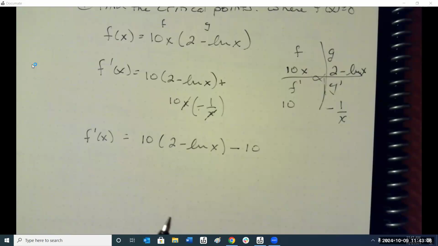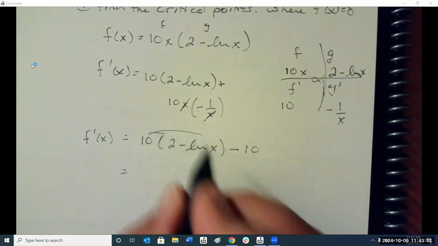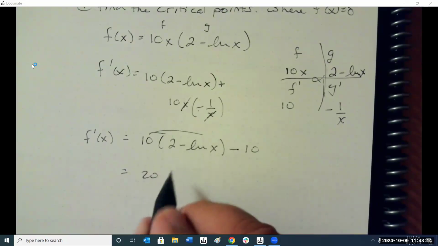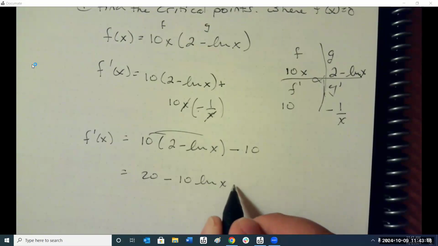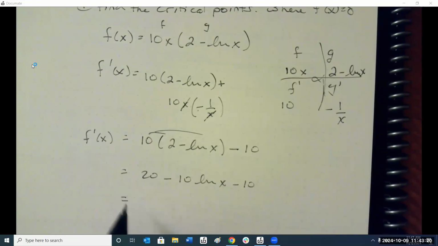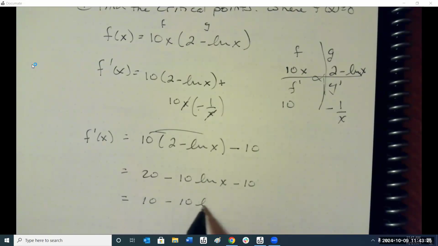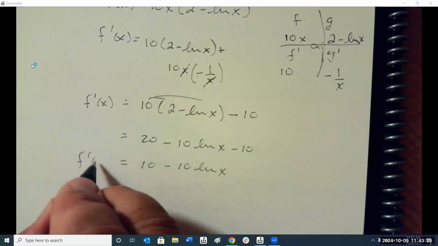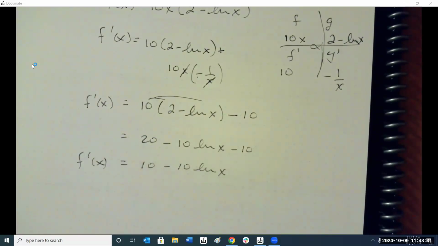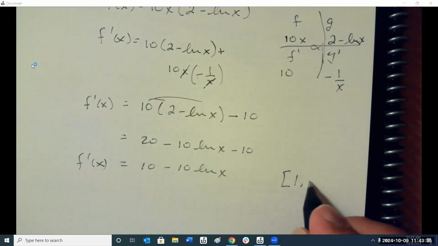Yeah. Let me just distribute. So I have 20 minus 10 ln x minus 10. 20 minus 10 is 10. So that's my function. Remember, my interval starts at 1.